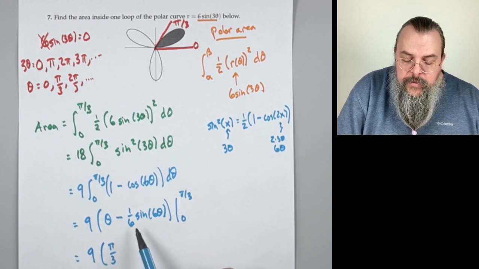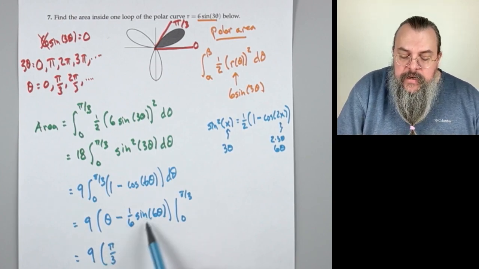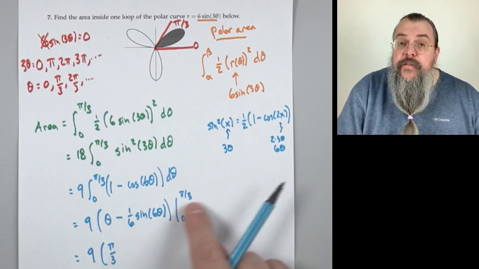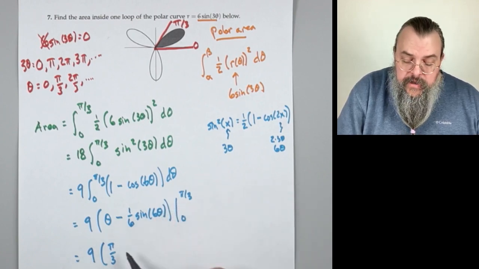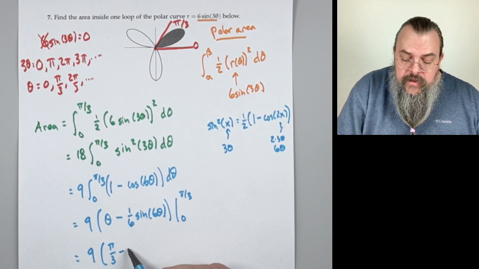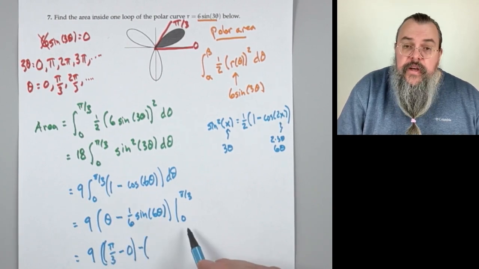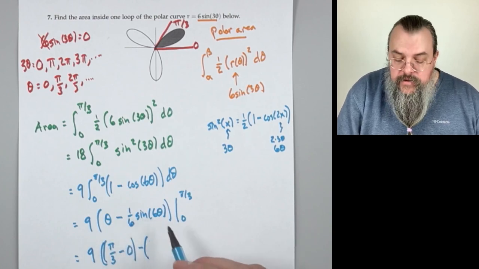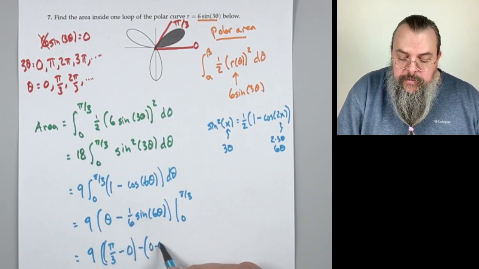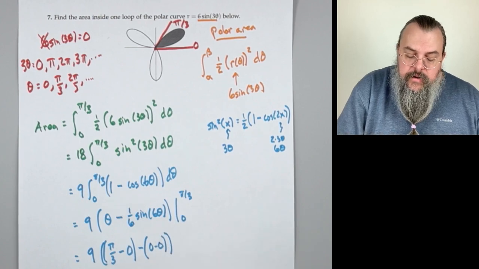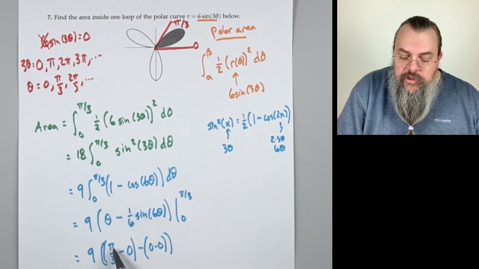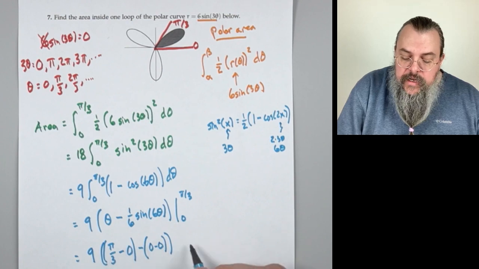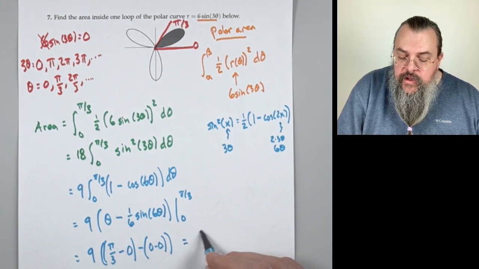And then we have sine of 6 times pi over 3, which is sine of 2 pi. Well, sine of 2 pi is 0. Okay, well that's nice. Subtract, plug in 0. Sine of 0 is 0. So, 0 minus 0. So finally, pi thirds times 9 leaves us with 3 pi.